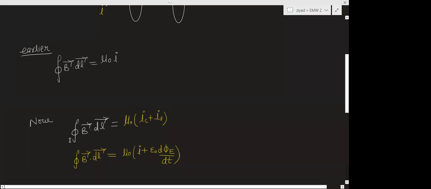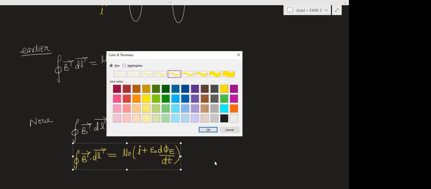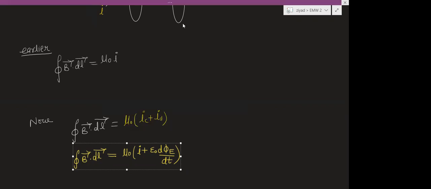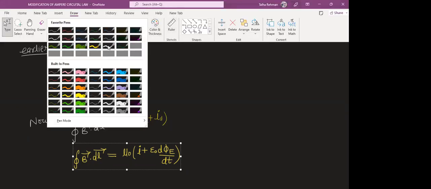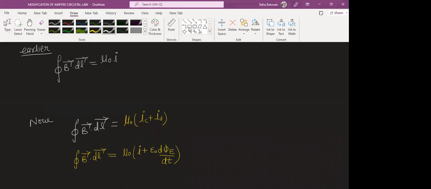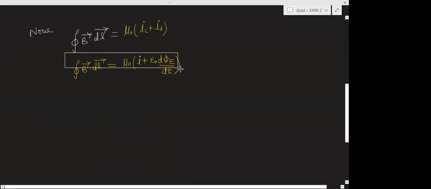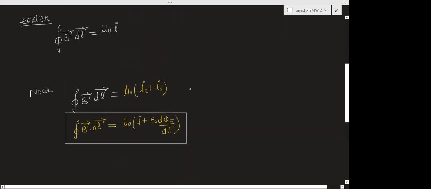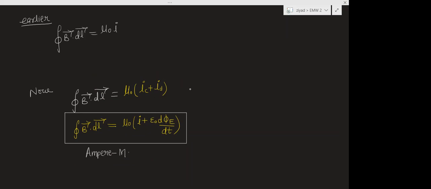So basically, this is the modified Ampere's circuital law, and it is also known as the Ampere-Maxwell law.